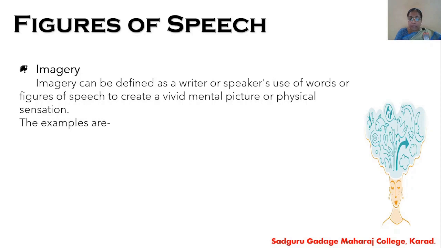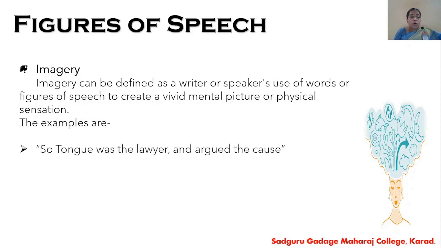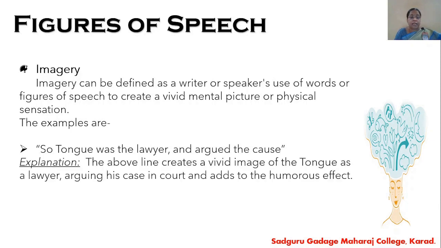The examples are: "So Tongue was the lawyer and argued the cause." Explanation: the above line creates a vivid image of the tongue as a lawyer arguing his case in court and adds to the humorous effect.